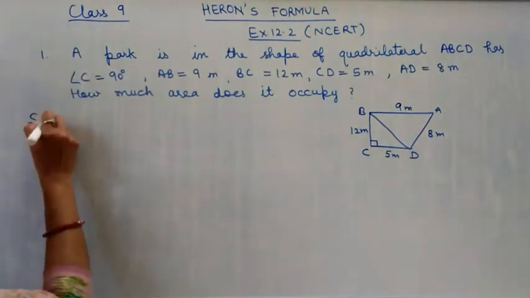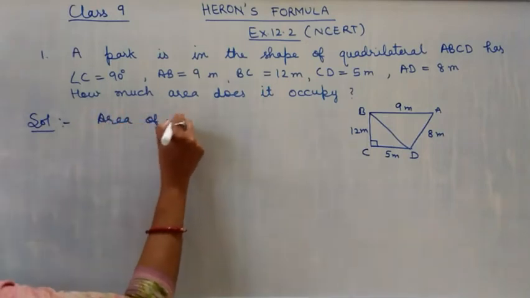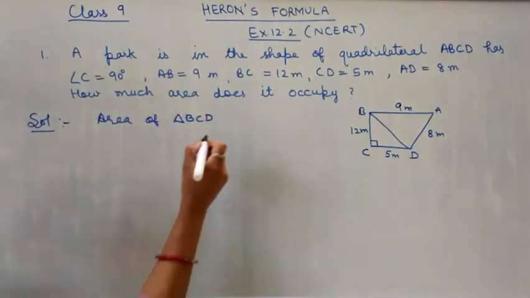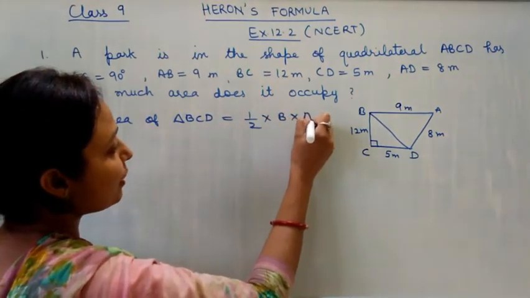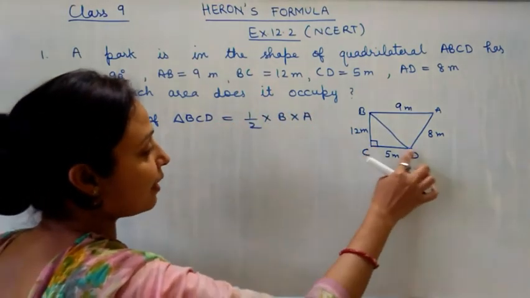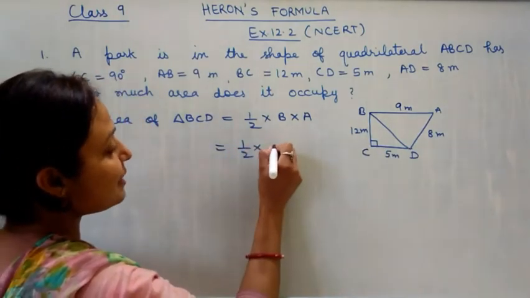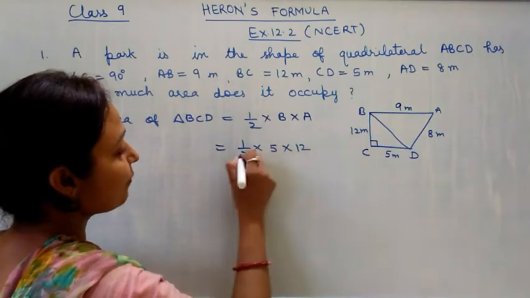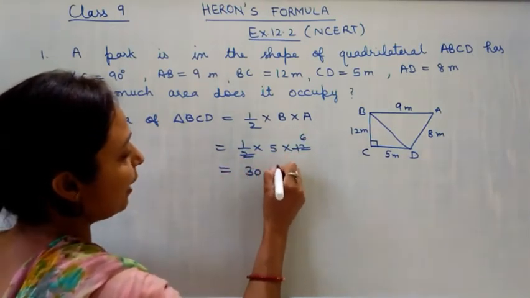I take half base into altitude because it is a right angle triangle. 5 is base and BC is altitude. Half into 5 into 12 is 30 meter square.